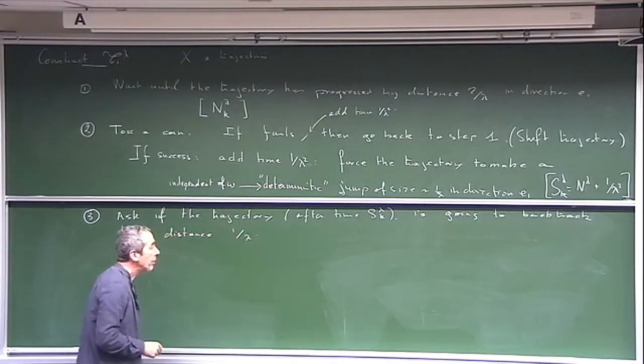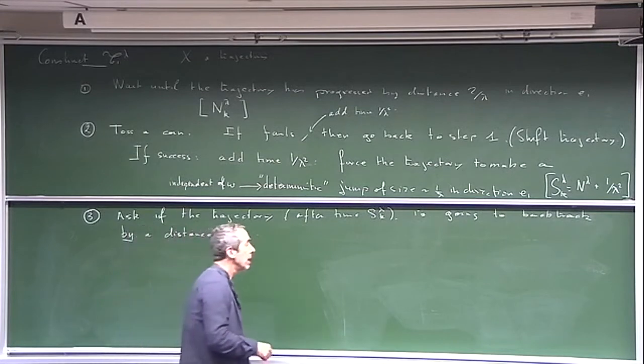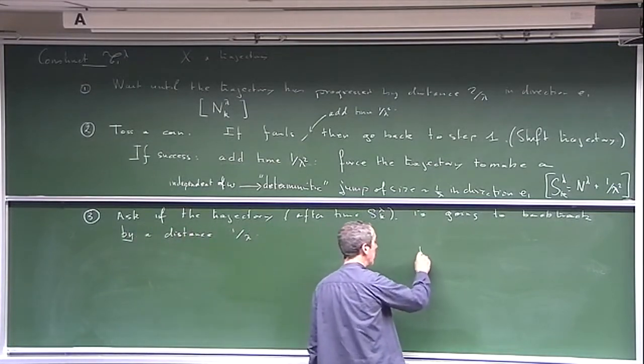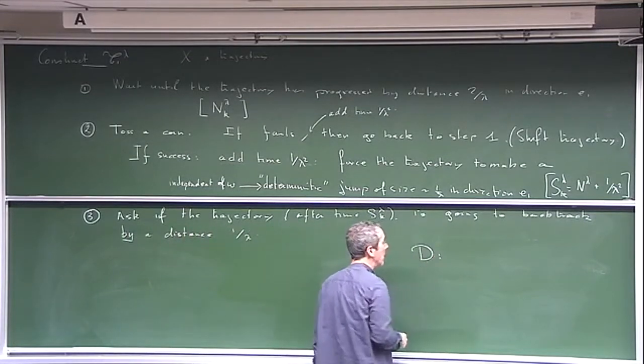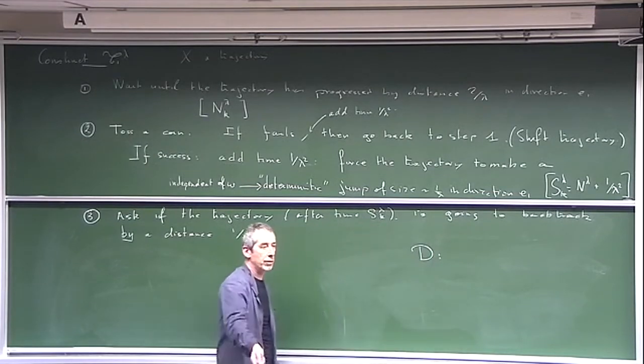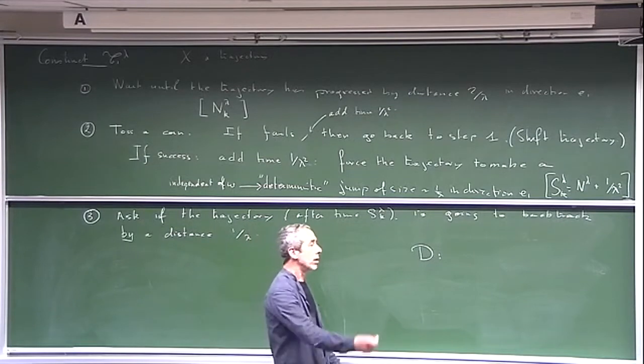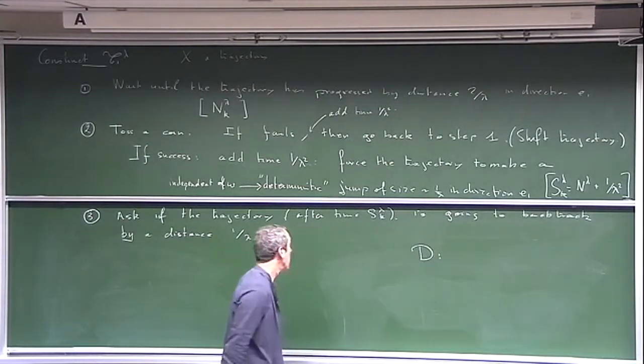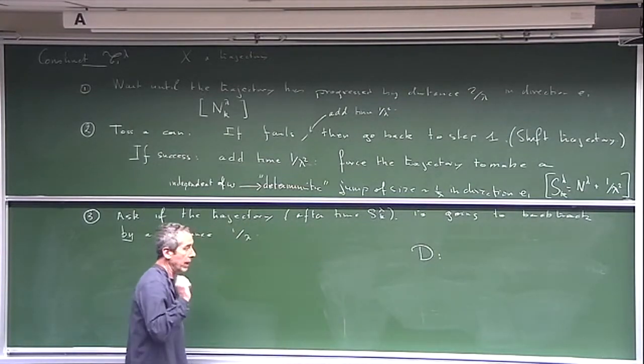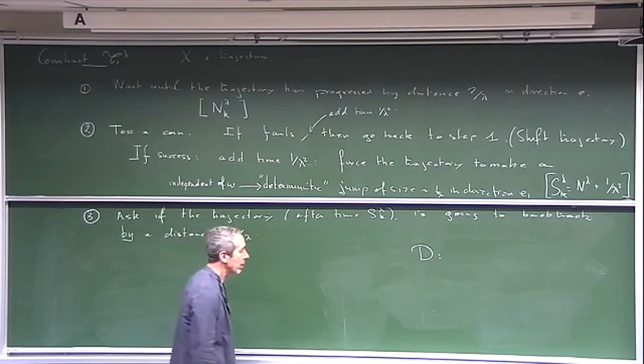So, in a more formal way, let us introduce this time d, which is the backtracking time. This is the first time you hit the hyperplane which is at distance 1 over lambda in the negative direction.